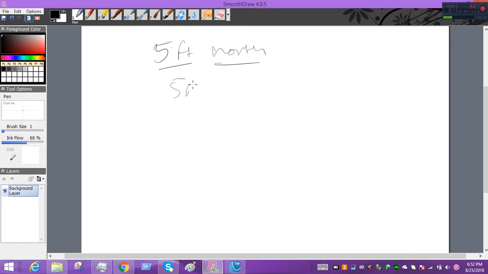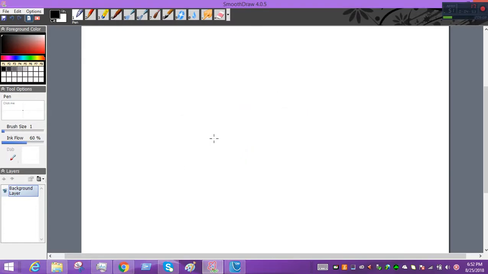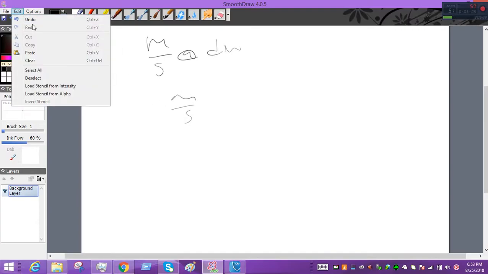So 5 feet equals a scalar, and 5 feet north equals a vector. That's the difference between a vector and a scalar. Velocity is a vector because it's meters per second in a direction, while speed is a scalar because it's just meters per second without any direction.